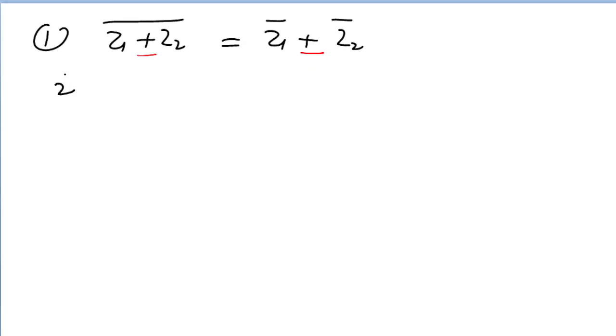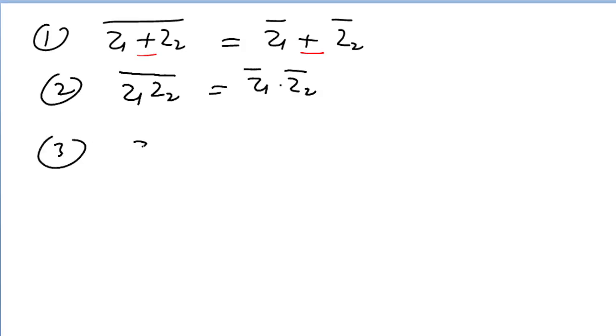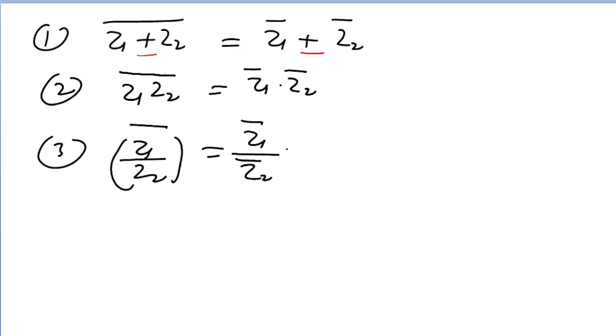Similarly, if the product z1 z2 is there, the conjugate is the product of the separate conjugates, same as with addition. Let's say division, z1 by z2: if I take the conjugate overall, it is the ratio of the separate conjugates. Yes, you can cross check it also.